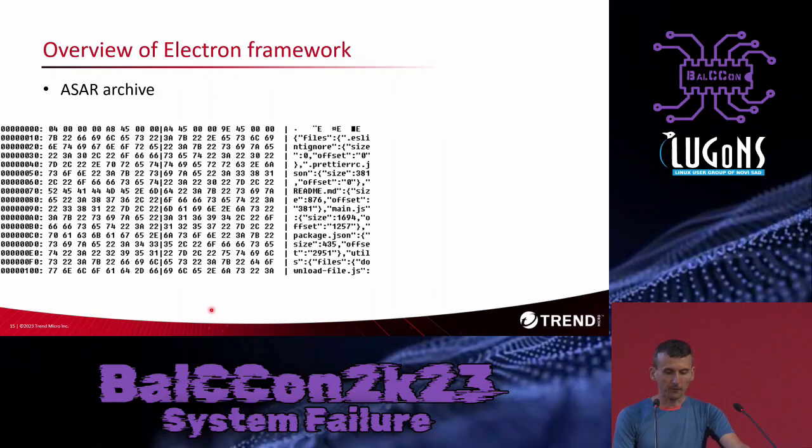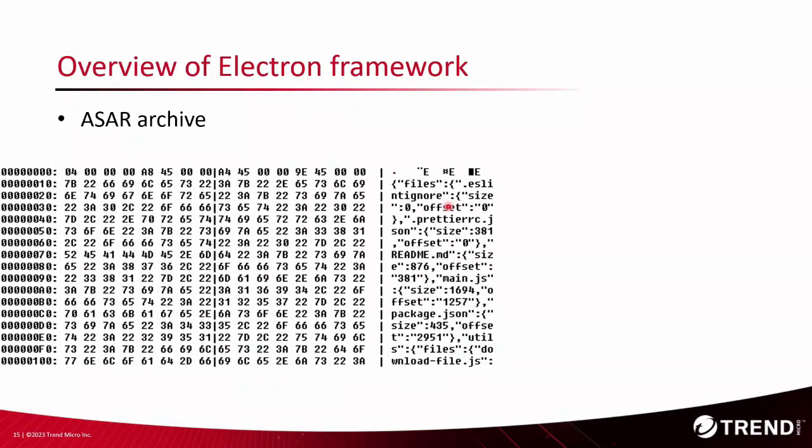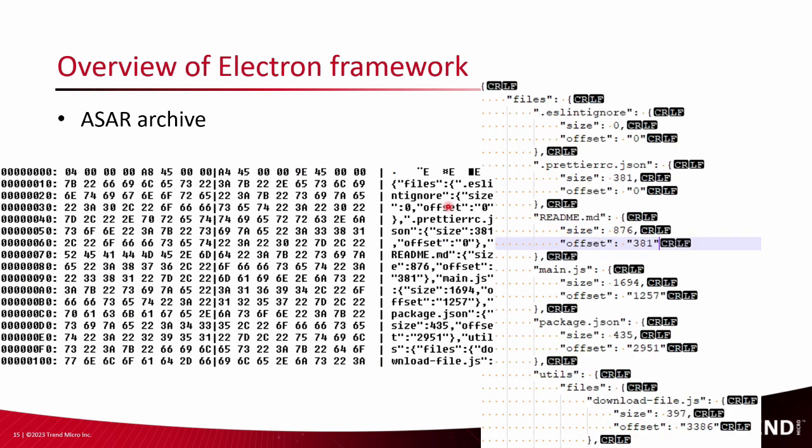In the beginning of the file you can see a very simple 16-byte header with some length of the file, and then it is followed by something which looks like a JSON object. This JSON object lists all the files, and every time there is the file name, the size of the file, and the offset at which the file starts. So all the files are put into one archive.